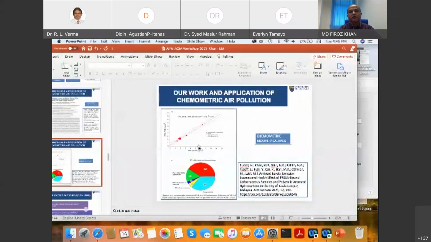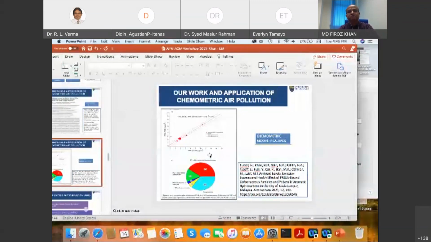On the x-axis here, you see the concentration of polyaromatic hydrocarbon that she received from her experiment. And after the calculation using APCS on the y-axis, if we look into this correlation, the R square value is 0.98. So this is giving an indication that the estimation of PAHs by using APCS is well correlated. It has less uncertainty, less error, right?